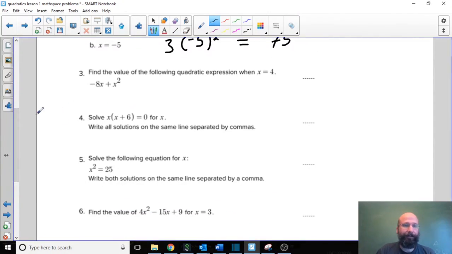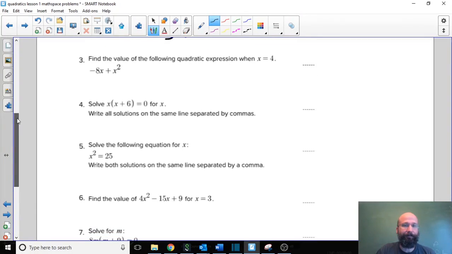Now we're getting to a different one. You're solving for x. This is the one where you'd have to distribute, right? Distribute, take what's on the outside of parentheses and multiply it to the inside. X squared plus 6x equals 0. This is a quadratic, right?